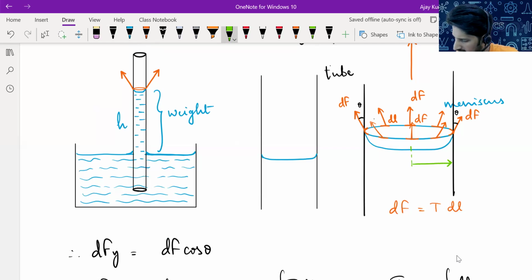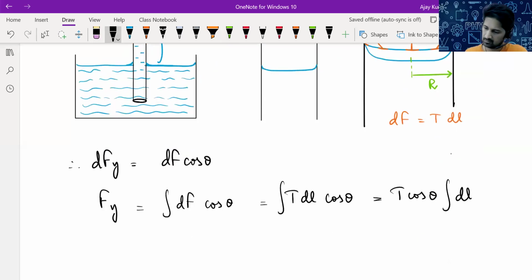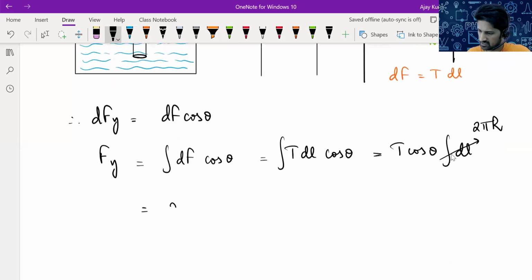Let capital R be the radius of the tube. Then integral dL will become 2 pi R. So the total force in the upward direction due to surface tension is 2 pi R T cos theta.